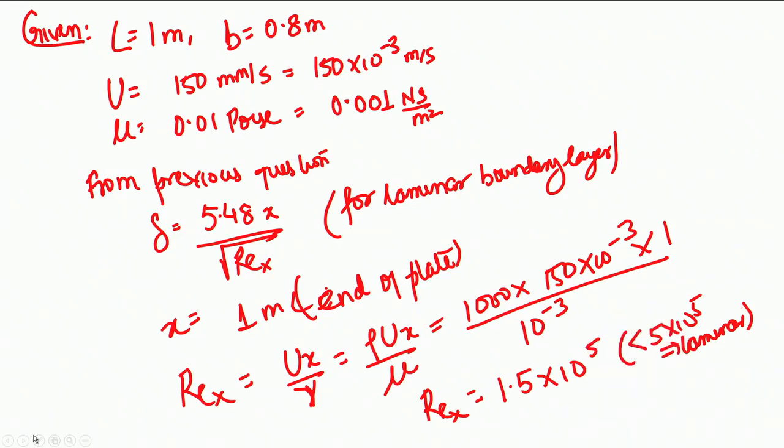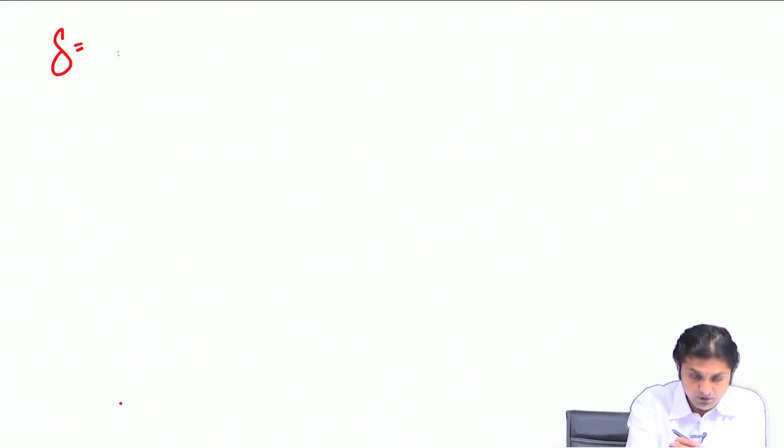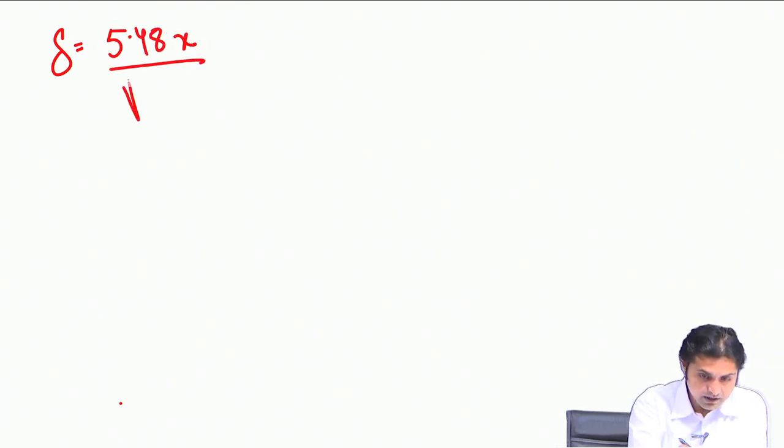So before proceeding, delta by formula is 5.48x divided by under root Re_x.